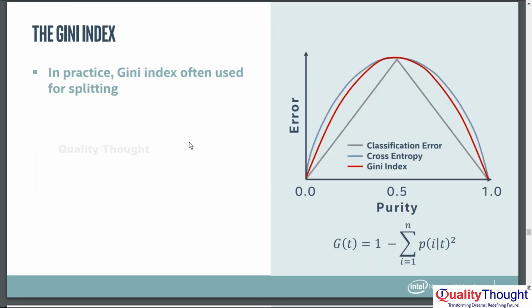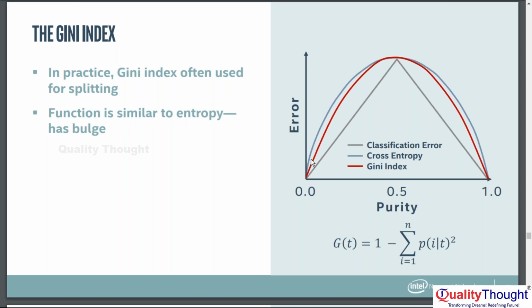We have one more thing called a Gini index. The Gini index, classification error rate, and the entropy are the different methods generally used in the background to split the data in decision trees. The Gini index is the one most often used for splitting. It reflects the minimum curvature.